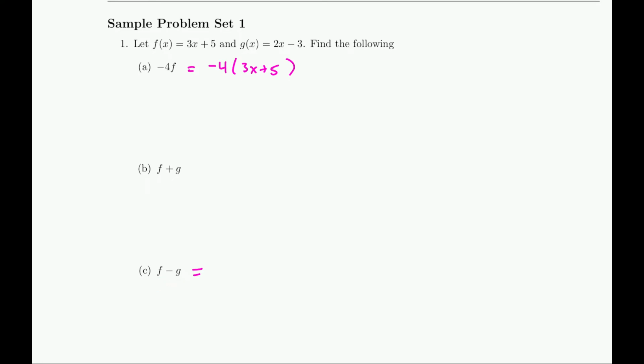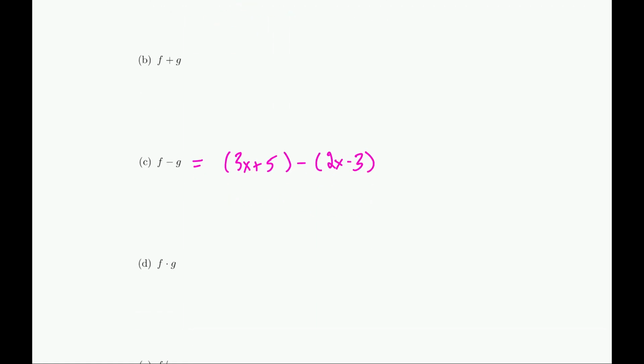So when you subtract, your f, which is first here, is 3x plus 5, and then minus g. G is 2x minus 3. And to simplify that, it's important to understand that this negative is going to have to distribute. And that's why you need the parentheses, so that you don't accidentally skip that step.